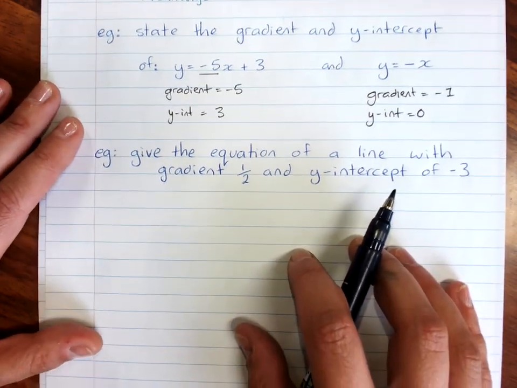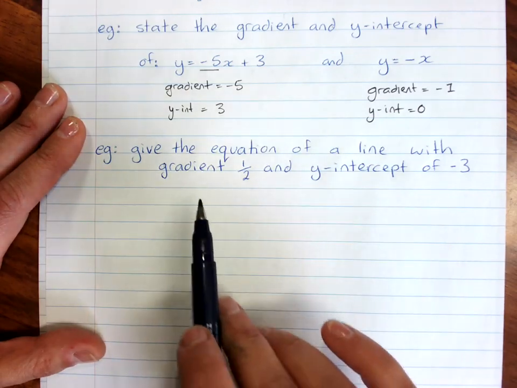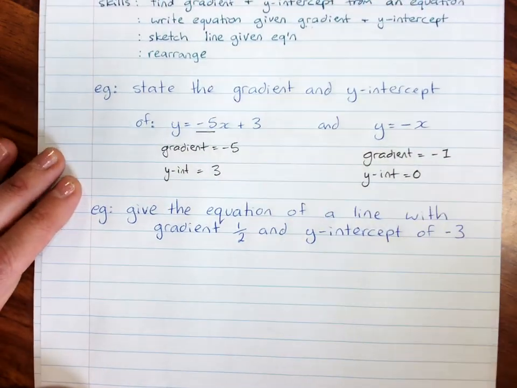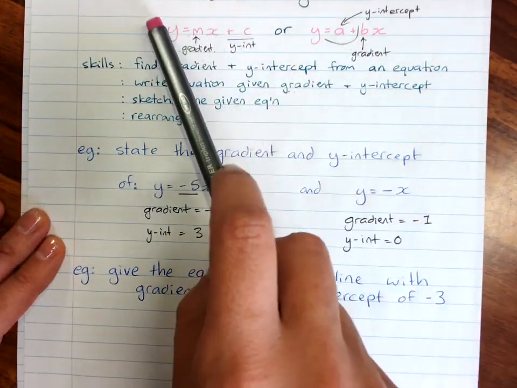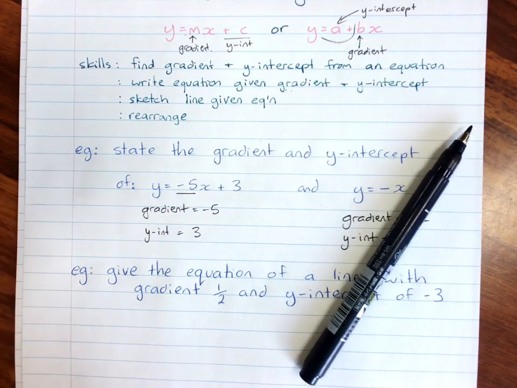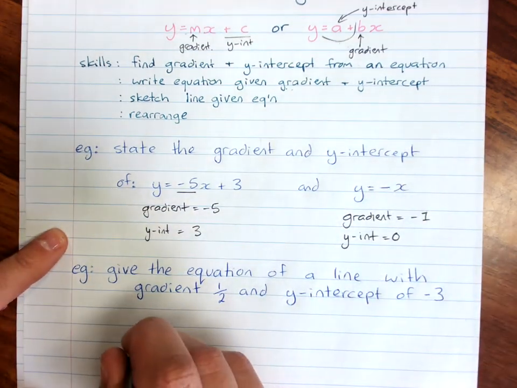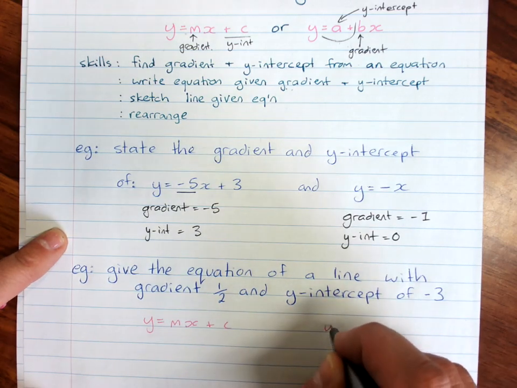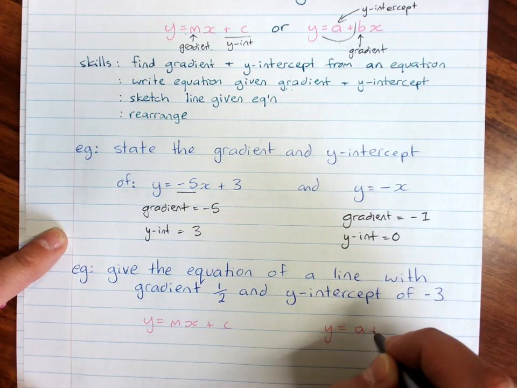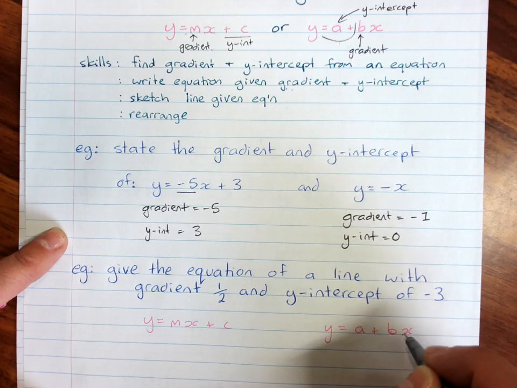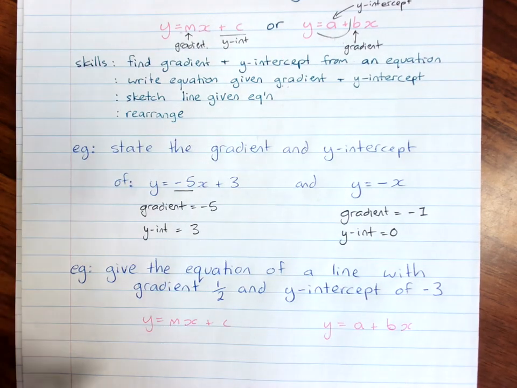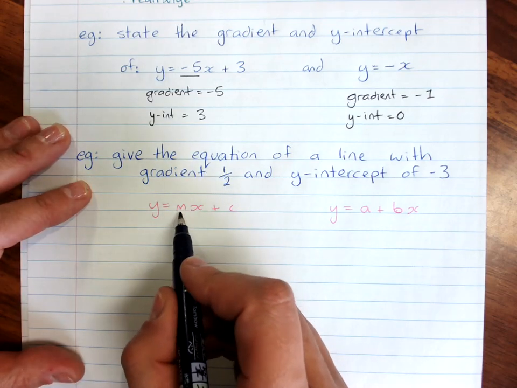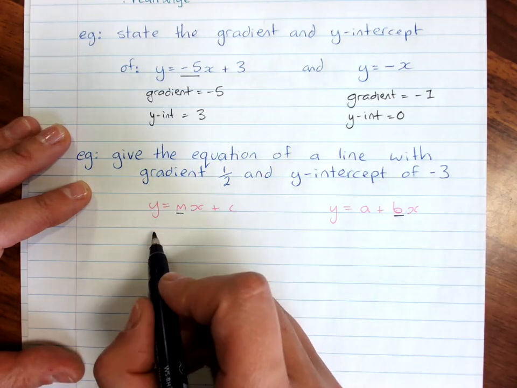If we're given the gradient and the y-intercept, for example, the gradient is 1/2 and the y-intercept is negative 3, I will do this with both forms of the line. So whether we prefer y equals mx plus c, or perhaps we prefer y equals a plus bx, it doesn't matter. Our gradient is 1/2, so we substitute that in for the coefficient of x.